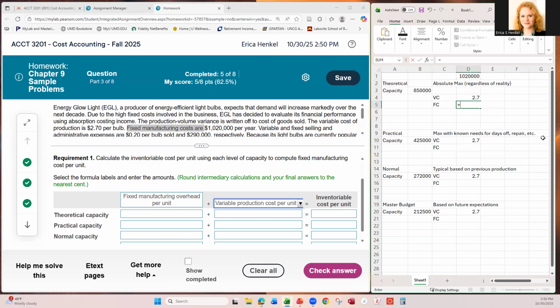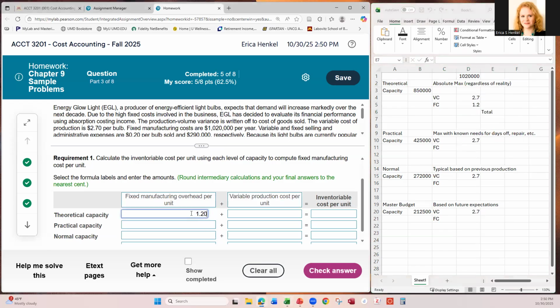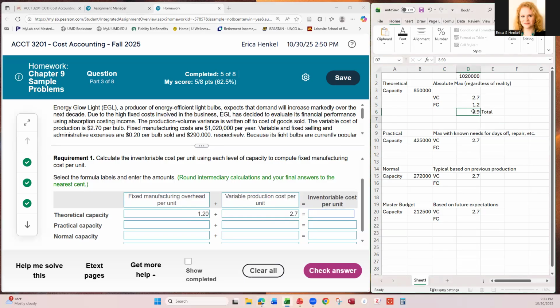So equals D1 divided by D3 there. Okay, so that's going to get us then 1.20 plus 2.70 is going to be total of 3.90, right?